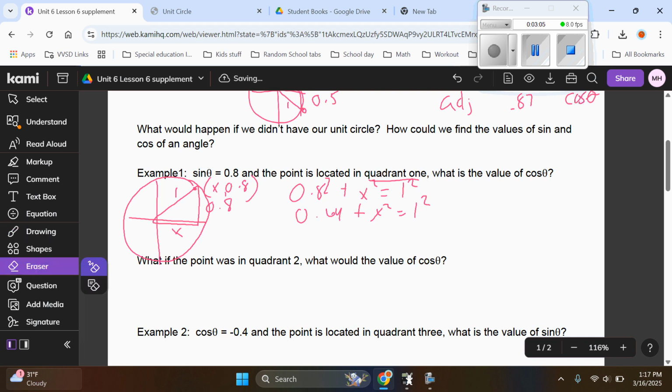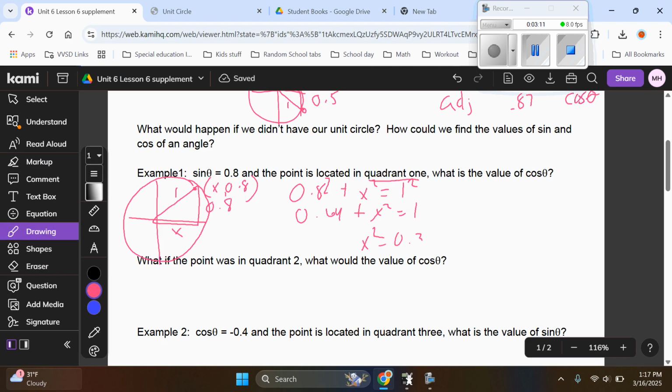Take away 0.64 from 1. We get x squared is 0.36. And then take that square root. And we get x is 0.6, or the cosine of theta is 0.6.